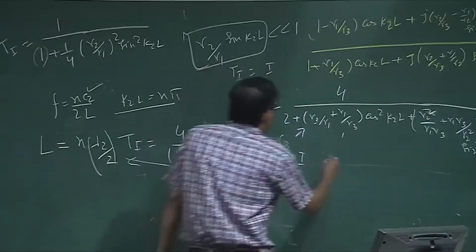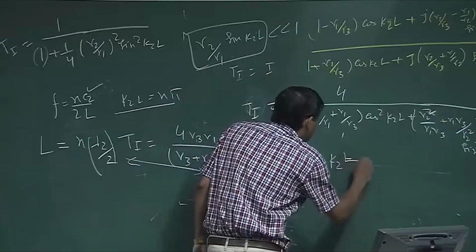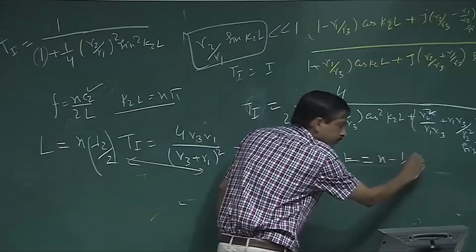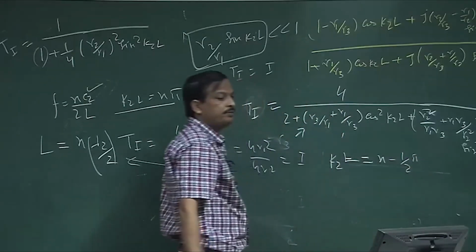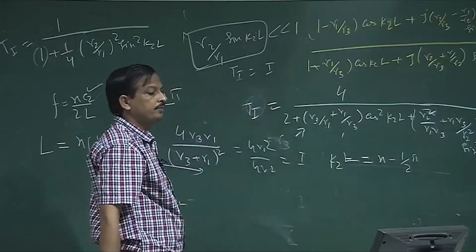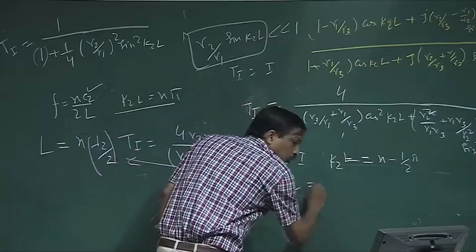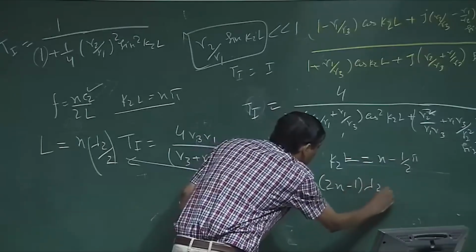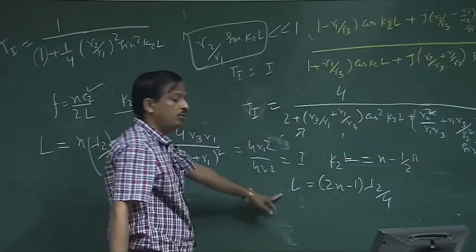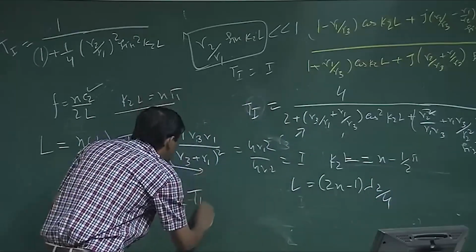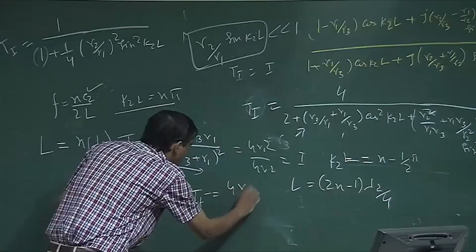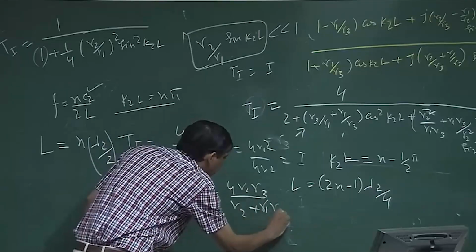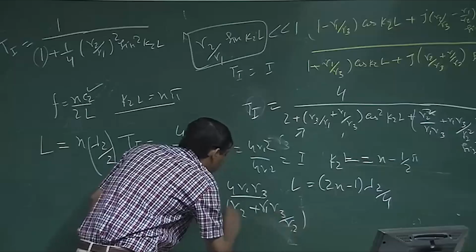Similarly, if K2L is equal to n minus half pi, or I can say L is equal to 2n minus 1 into lambda 2 by 4, then also Ti will be 4 R1 R3 divided by R2 plus R1 R3 divided by R2 whole square.